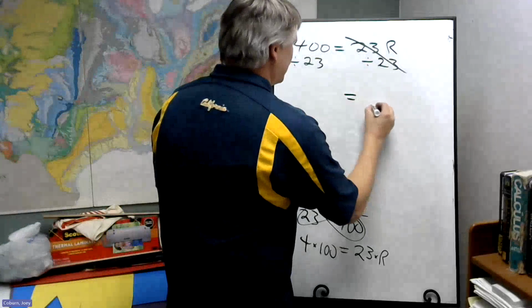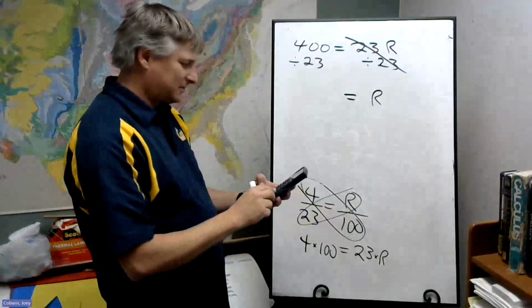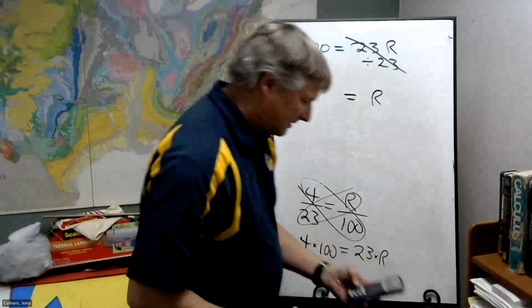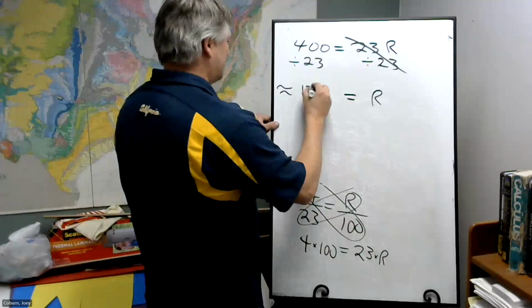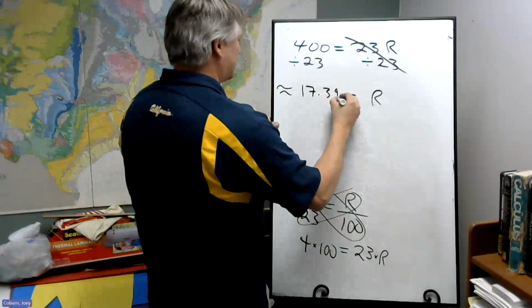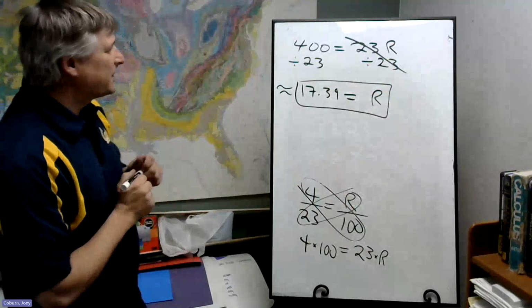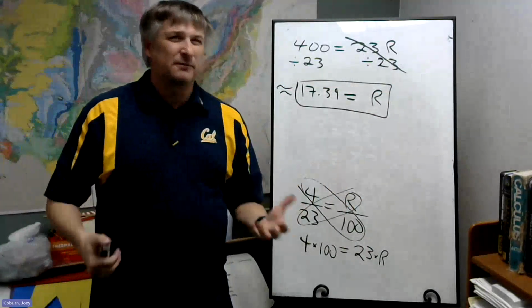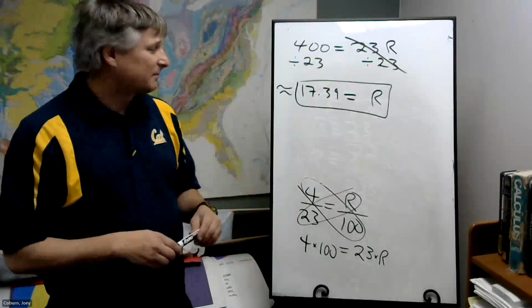And so what that'll give for R, and let's do that division, rounding to the hundredths place, 17.39. So it turns out 4 is roughly 17.39% of 23.